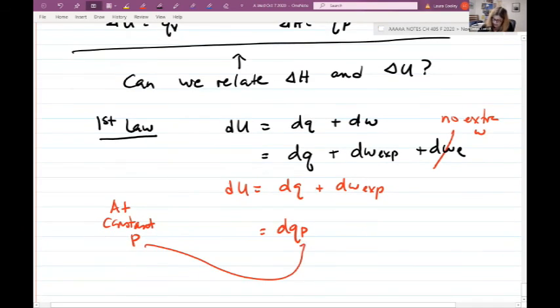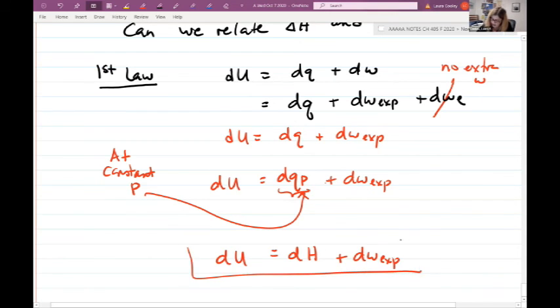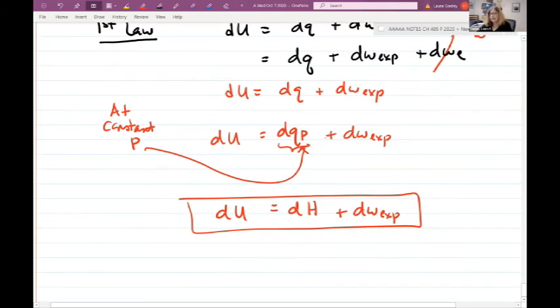That's what this means here. But you can see clearly that dq_P is dH. So we have this equation here, and it says that the change in internal energy and the change in enthalpy differ by the amount of expansion work that's done.